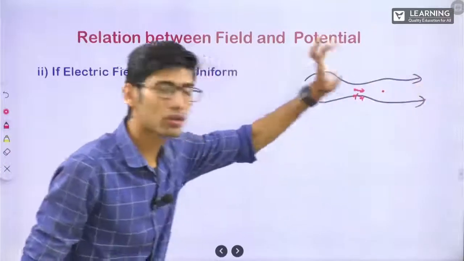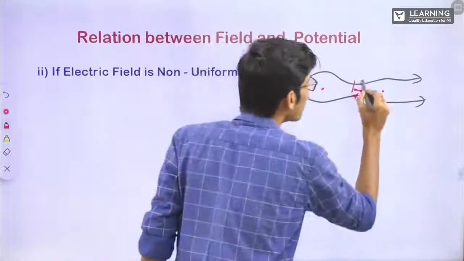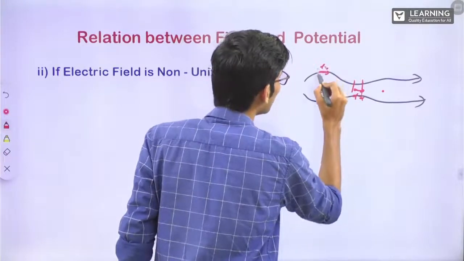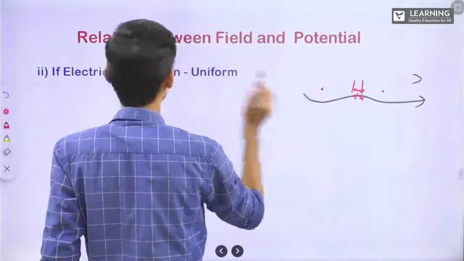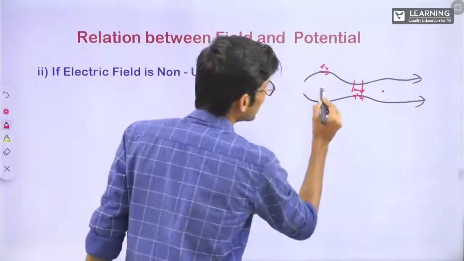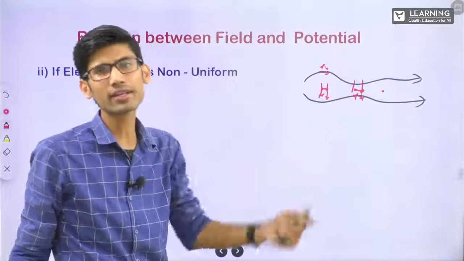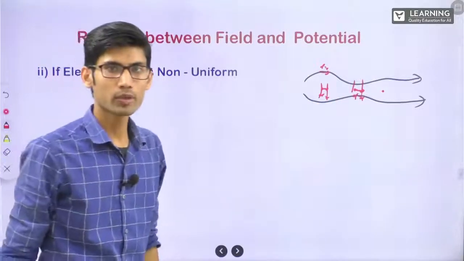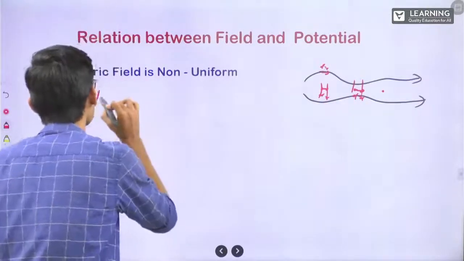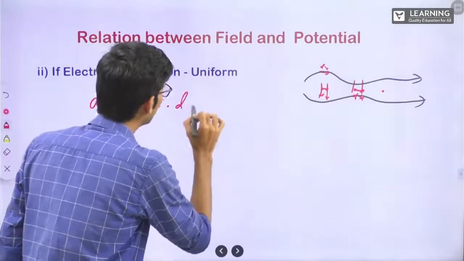Although for the entire thing it is non-uniform, for a very small distance dx, I can consider it as uniform. So for this small distance, the change in potential will also be very small. So the change in potential will be dV, that is equal to minus E dot dx.